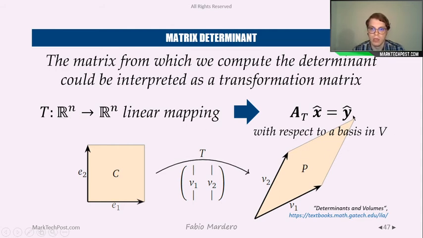Here we have our transformation matrix with respect to a basis in V, which is, of course, Rn. So, what does this endomorphism do? It takes a volume defined by the canonical basis and changes the vectors and the volume underlying those two vectors that define our parallelepiped, our parallelogram, sorry.